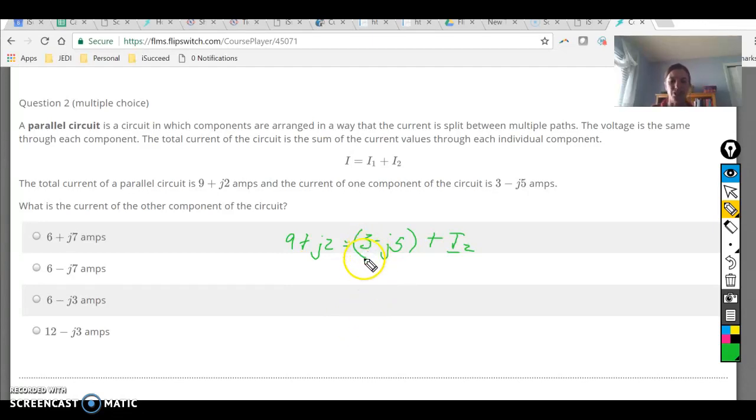If I subtract 3 from both sides, that'll leave a 0 here, and I'll be left with 6. And now I need to do my imaginary unit, so I'm going to add J5. And that will give me my J7. So my second component of this circuit is 6 plus J7 amps.